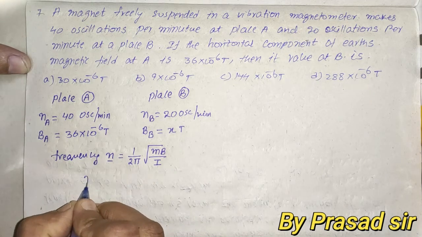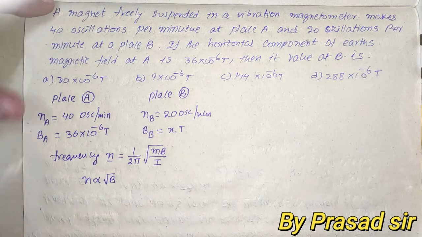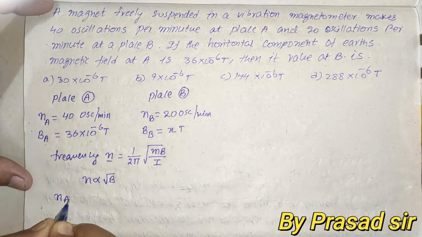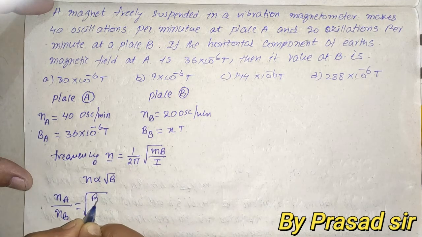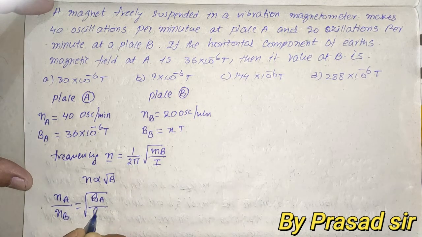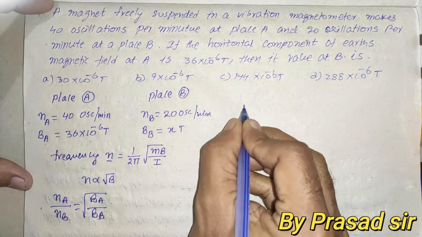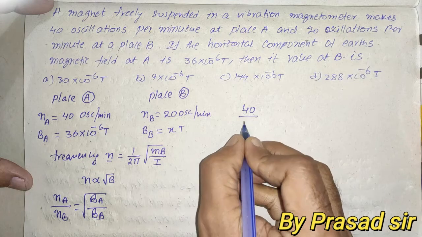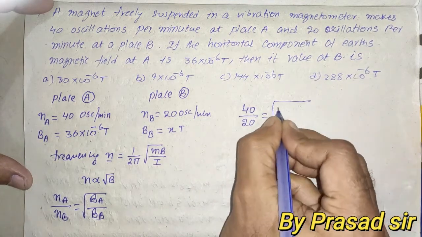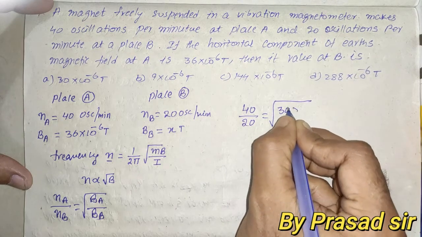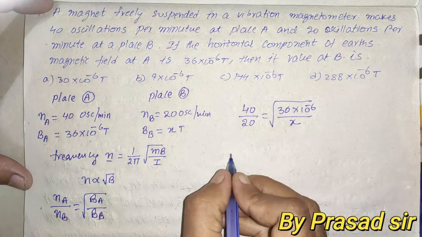That means the relation between those two is directly proportional to root B. So here NA divided by NB is equal to square root over magnetic field at place A, magnetic field at place B. So here 40 oscillations per minute, 20 oscillations per minute is equal to square root over 36 into 10 to the power of minus 6 divided by x.